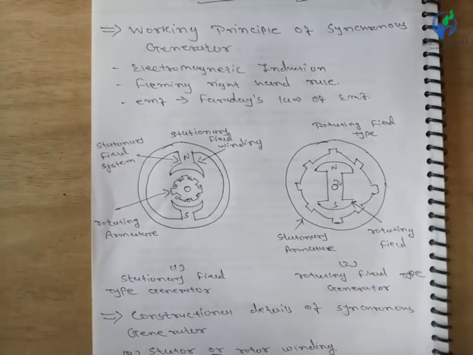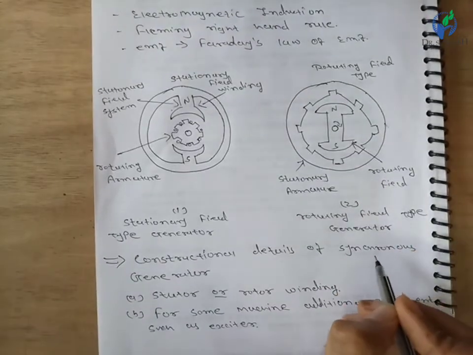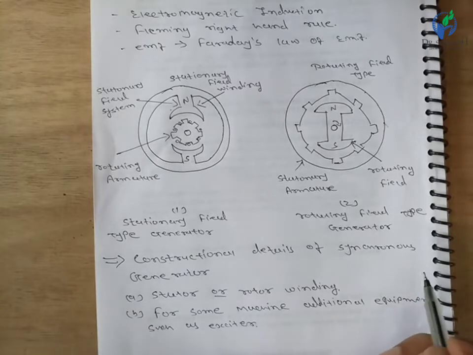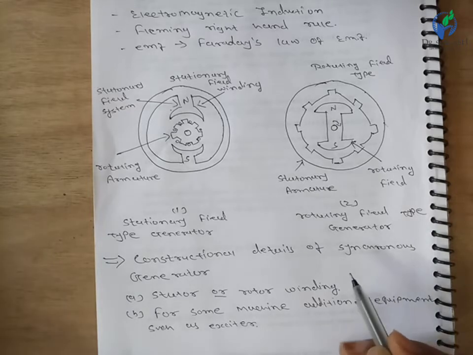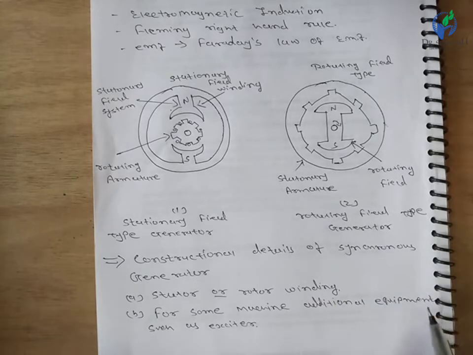Now we start with the next point. The next point is the constructional detail of the synchronous generator. The constructional detail of the synchronous generator is the same as the synchronous motor. In fact, the same machine can function as a generator or a motor.